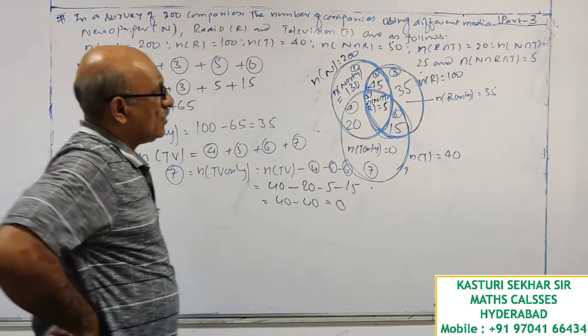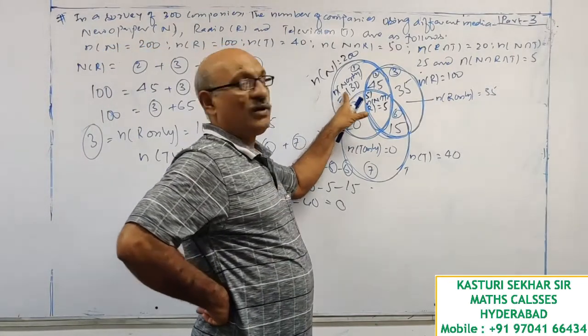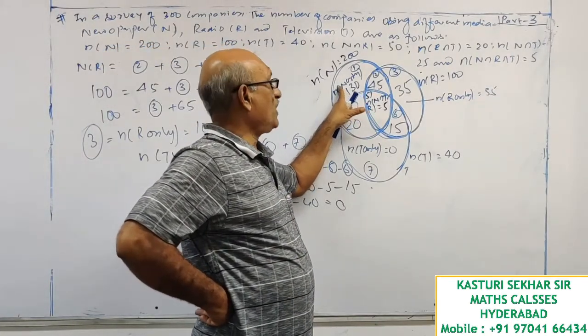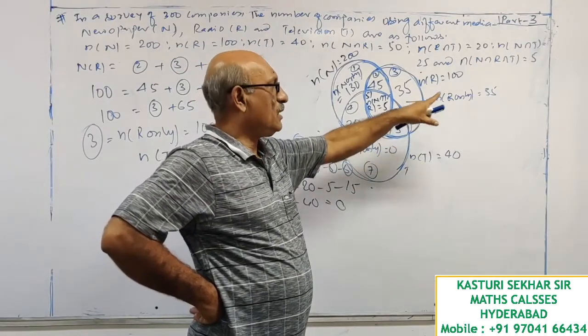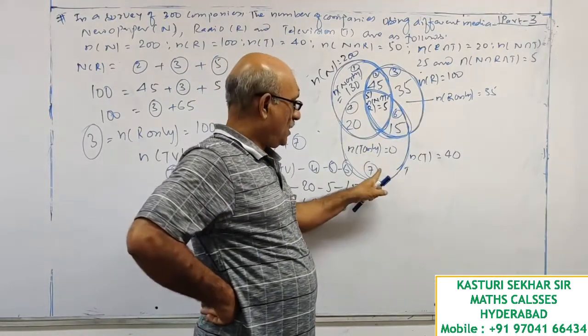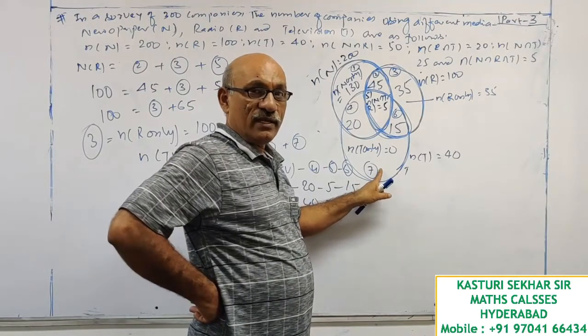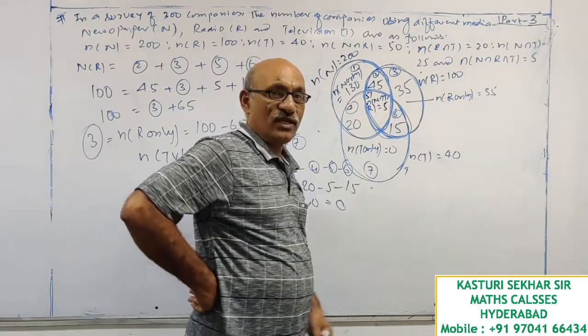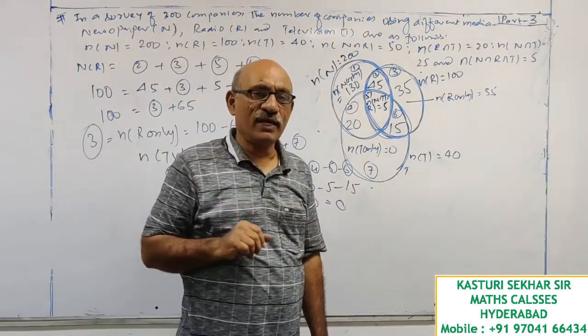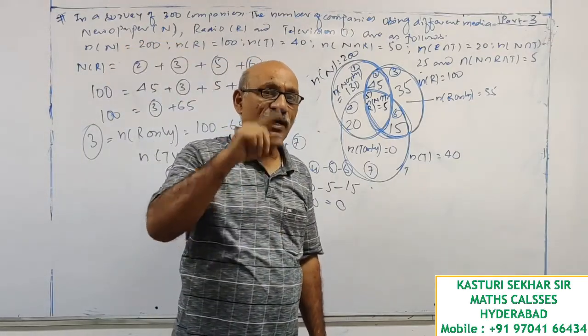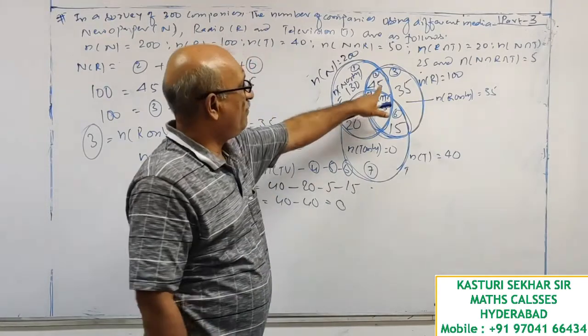So look at the questions. Newspaper only is the first question. Answer is 130. Radio only is the second question. 35 is the answer. Television only is the third question. Answer is 0. Fourth question is newspaper and radio but not TV: 45.